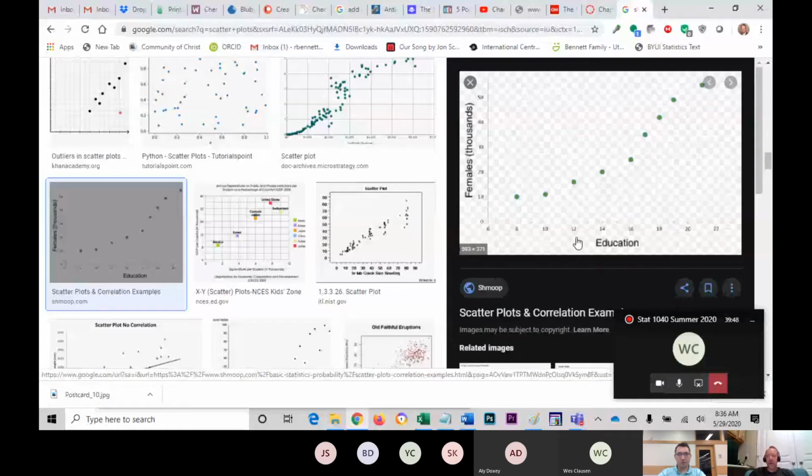I've got education on the bottom and females in thousands on the y-axis. I'm hoping my screen's catching up. Okay. So this one, I would say, is more of a non-linear because it looks more like a curve. I mean, you could draw a straight line on here, but this one's a little bit more curvy.